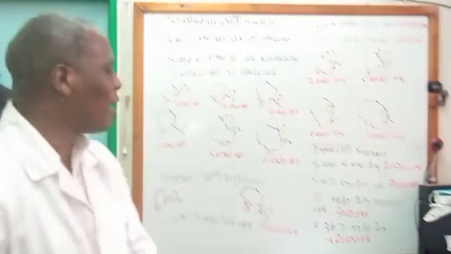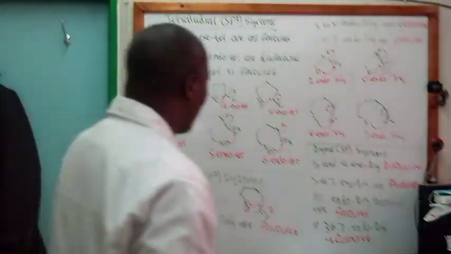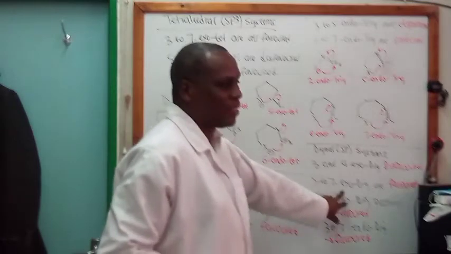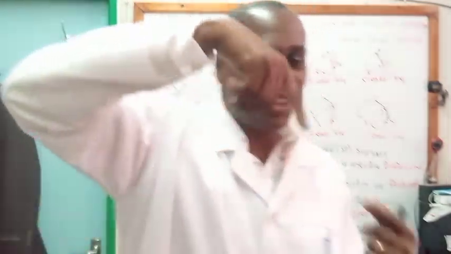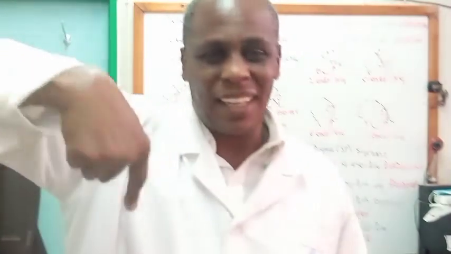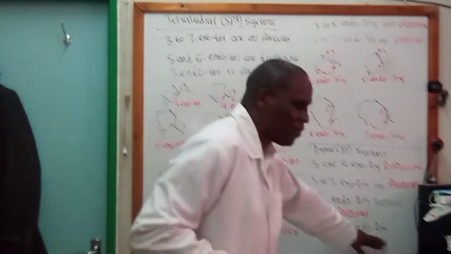And then for the diagonal system, I will start with what is surprising, that all endo systems, whereby if you're talking about forming a 3-membered ring, 4-membered ring, 5-membered ring, 6-membered ring, and the 7-membered ring, whereby there is the triple bond, in which the nucleophile and the electrophile are in the ring, all those systems are favored.